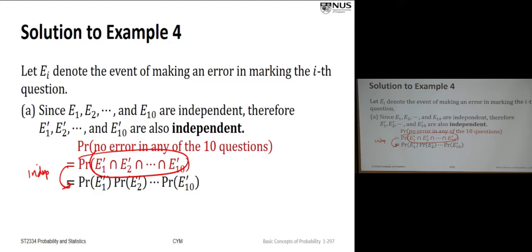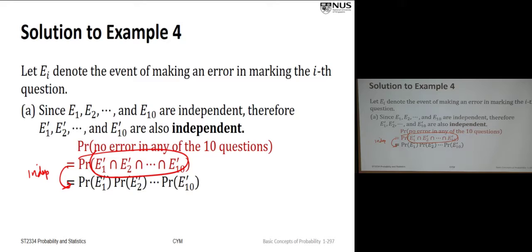But come to think of it, it's not a very good assumption. Am I right? Yeah. So if the grader is tired and marked the first question wrongly, it's likely you have a higher chance to mark wrongly in the second question. So what I mean is that we may doubt this independence assumption.